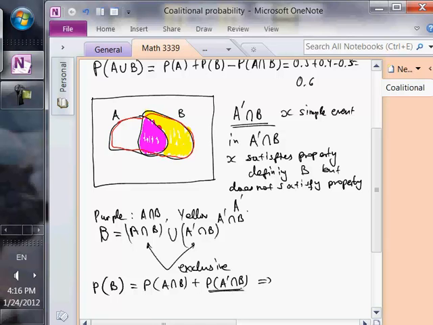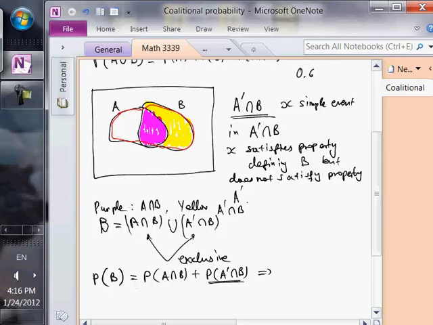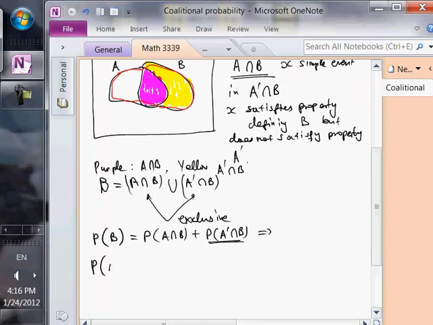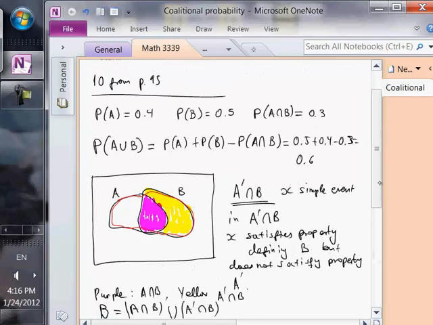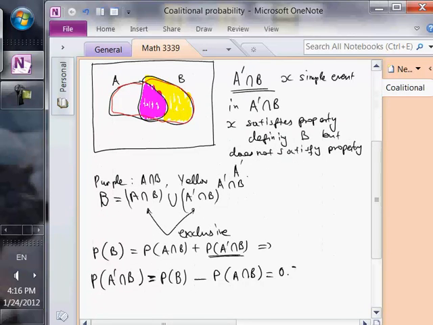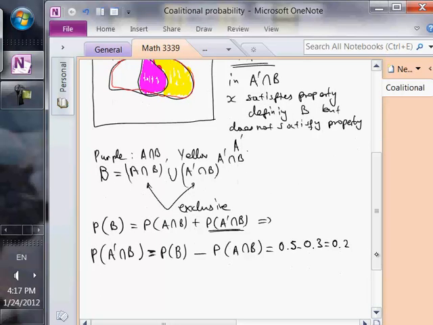Therefore, to find the probability I want, I simply subtract the probability of A intersection B from the probability of B. With the numbers, 0.5 minus 0.3 gives you 0.2.